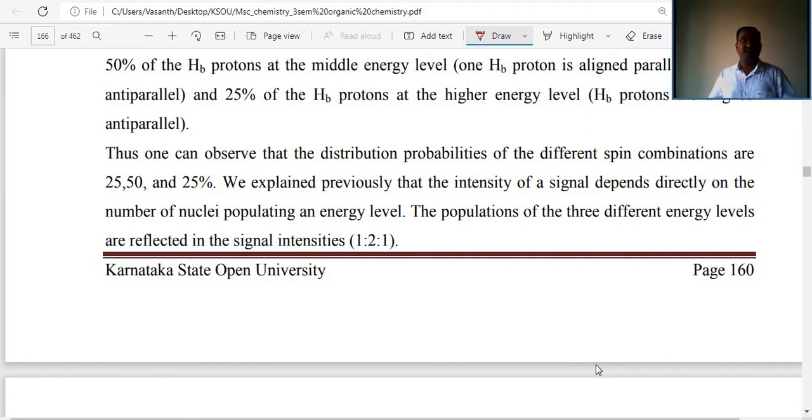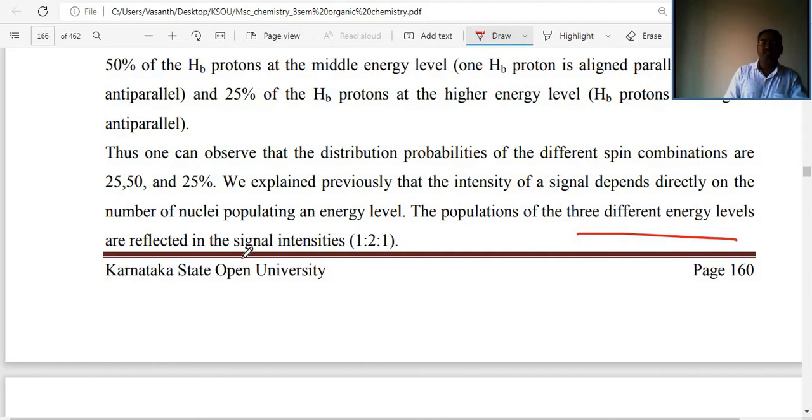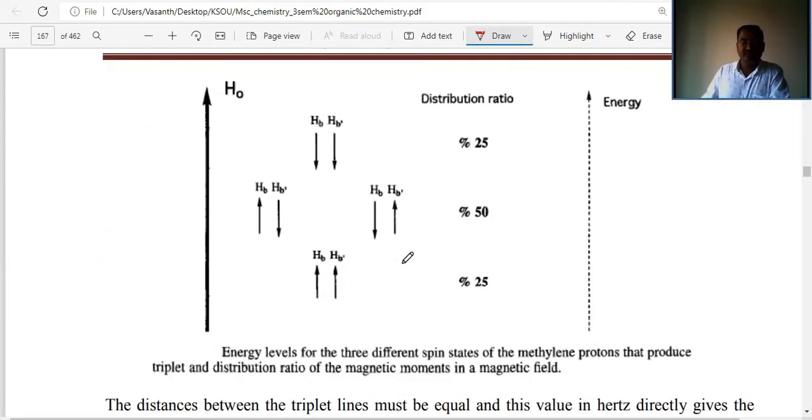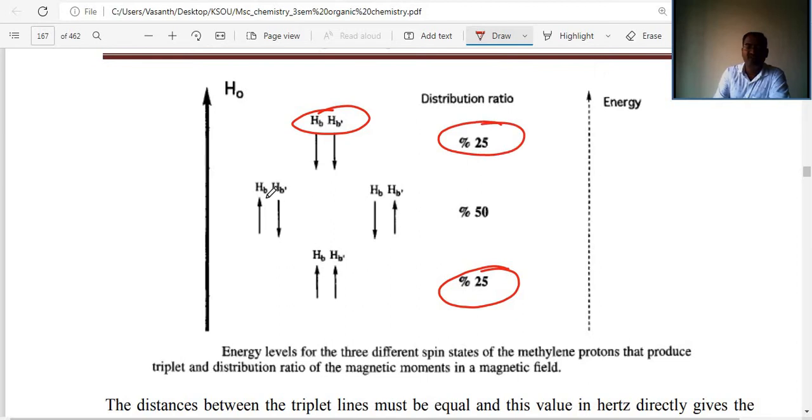Examples are mentioned here. The populations of three different energy levels are reflected in the signal intensity. The distribution ratio is 25, 25, and 50.